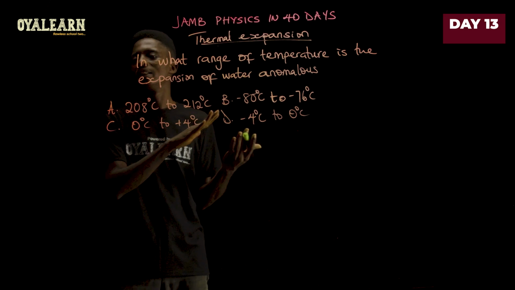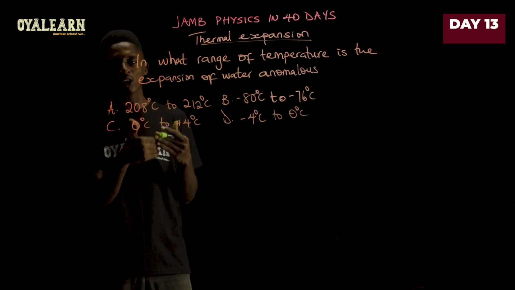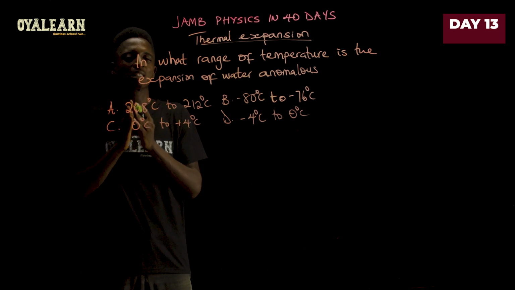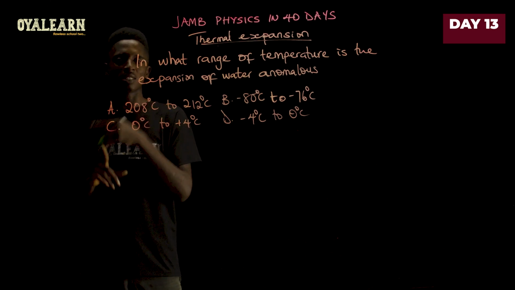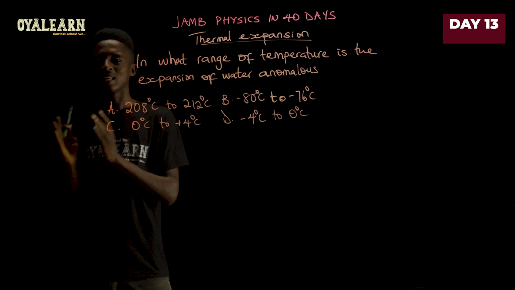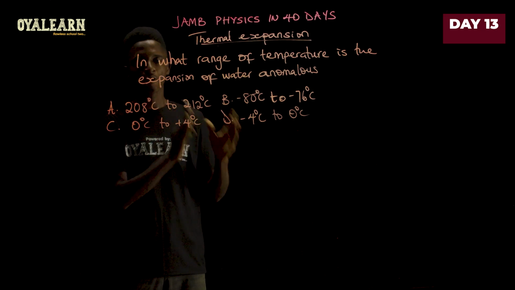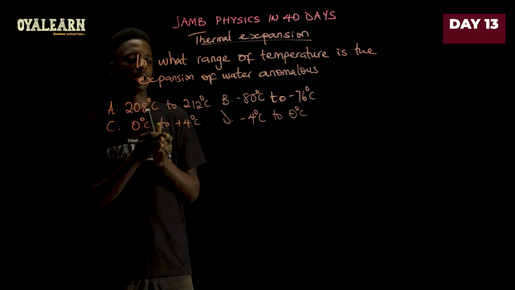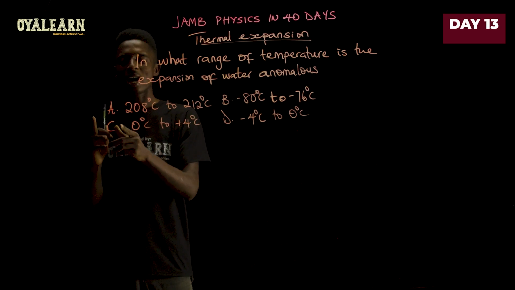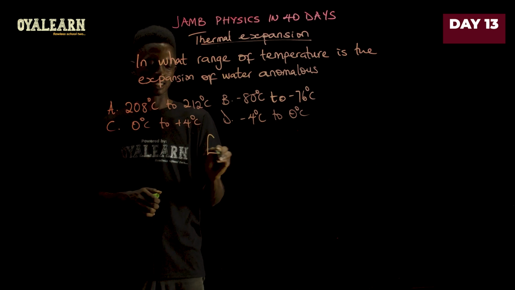That is, when you are cooling it down, by the time it gets to 4 degrees Celsius, where it's supposed to continue to contract, it will then start expanding again until it gets to 0 degrees Celsius. So you see that range of temperature is from 0 degrees Celsius to 4 degrees Celsius. Now in this case, everything is in degrees Celsius, so it's easy to pick our answer as option C.